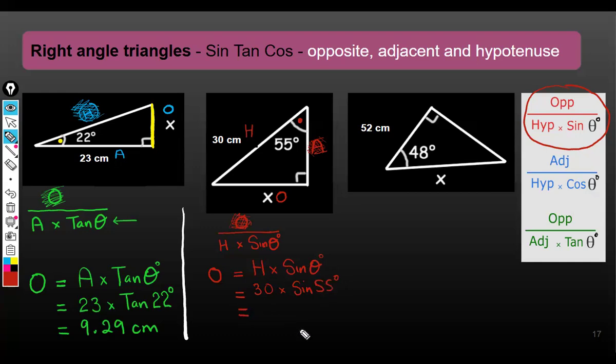So type this straight on the calculator: 30 multiplied by sine 55. Press equal and your answer will be in centimeters because we are finding O, well, x, which is the length of a side. 30 multiplied by sine 55. And I'm getting 24.57.